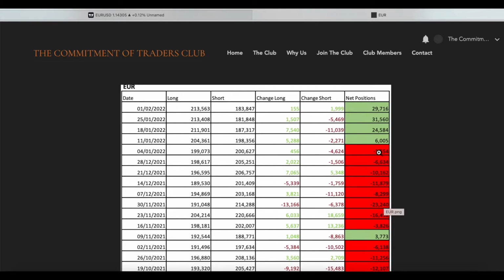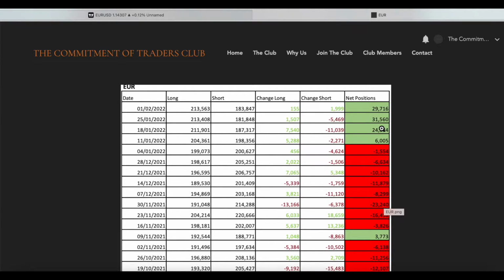But over the past few months, we can see here that the banks have been closing out very aggressively their short positions and opening long orders. So they've been adding long orders to their portfolio and closing out short orders. So much so that we've broken into net long, and now at the 26th of January we are plus 31,500 to the upside. So the market is going to push to the upside.